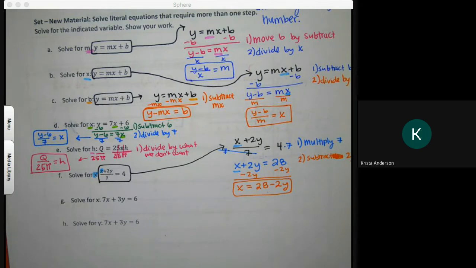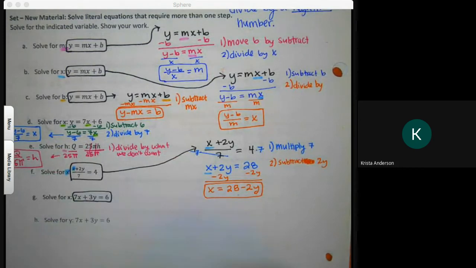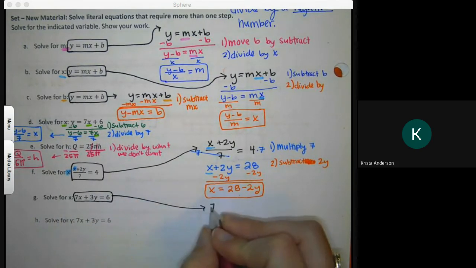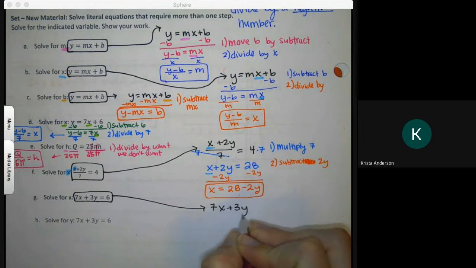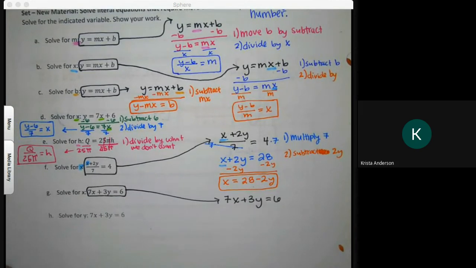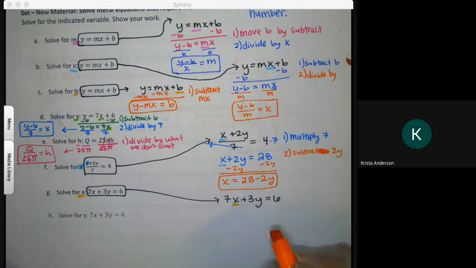All right, next one. On this one, it says I am looking for X. I want X by itself in the end. X is being multiplied by the 7, but it also has a 3Y attached.